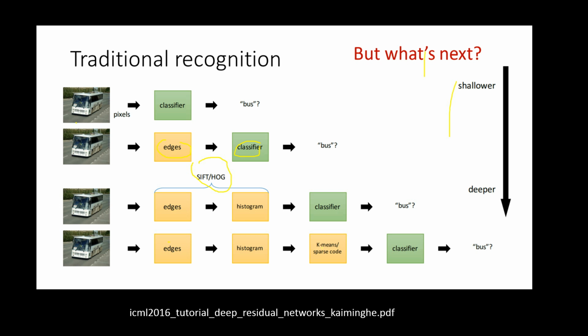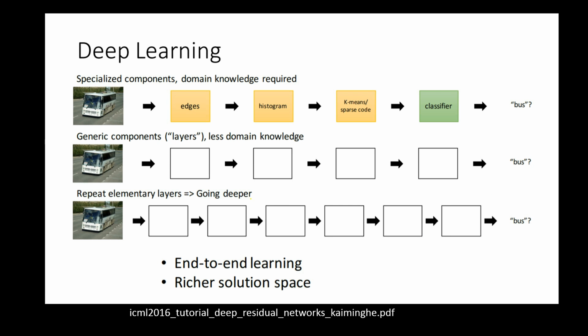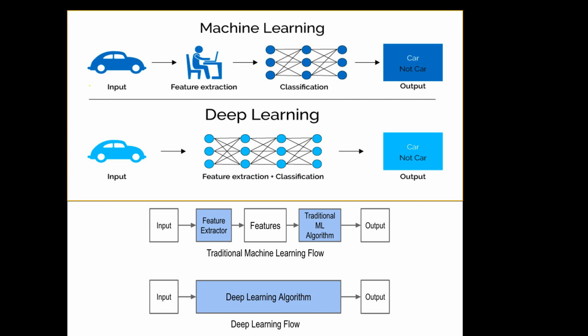In deep learning, as I've discussed earlier, it is end-to-end learning. Let me explain with this slide. Here we have an input, a hand-engineered feature extraction technique, and then classification of whether it's a car or not a car.